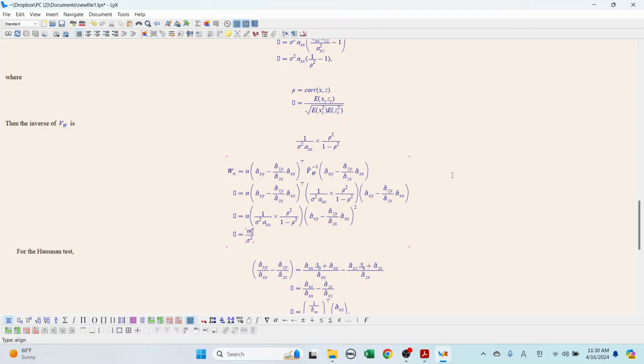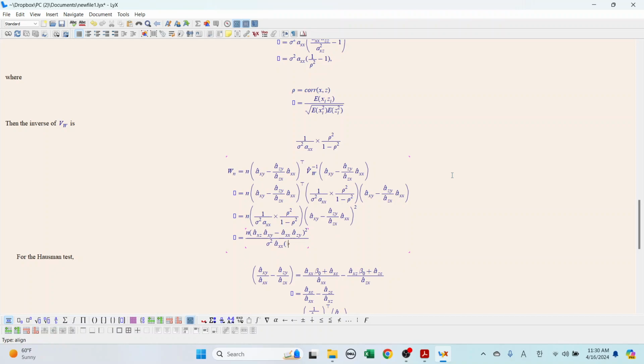Numerator has AXZ times hat AXY minus hat AXX hat AZY squared, divided by hat AXX times hat AXX hat AZZ minus hat AXZ squared. Okay, this is the result, right?